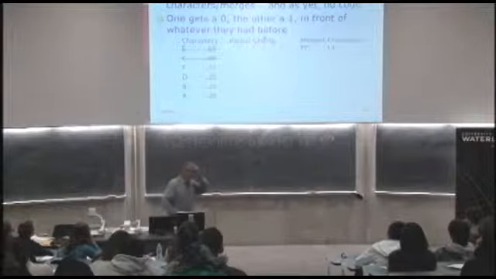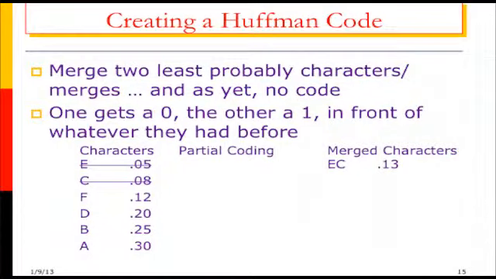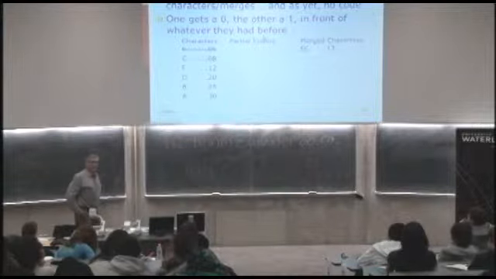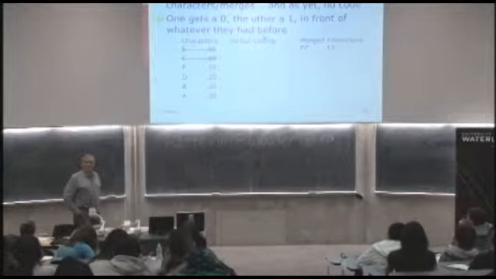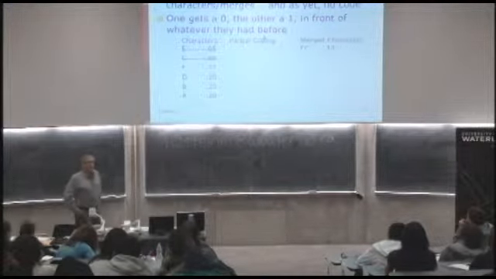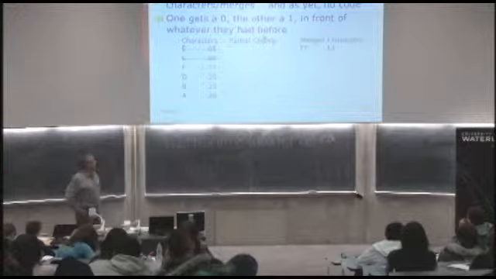What we'll do is take the 2 least frequently occurring characters. I've initially put these in sorted order with the least frequent ones on top. Notice that wasn't alphabetical order, but was in order of increasing frequency. So the 2 least frequent ones are at the top.